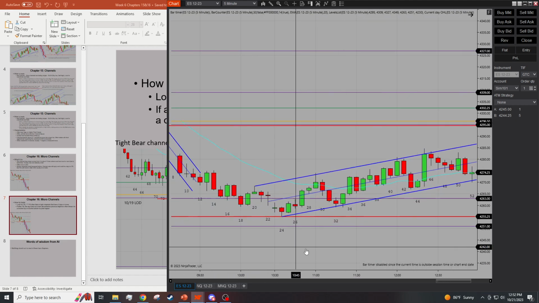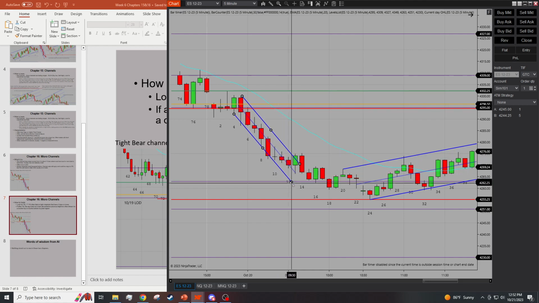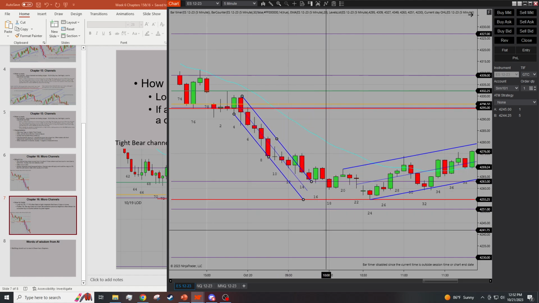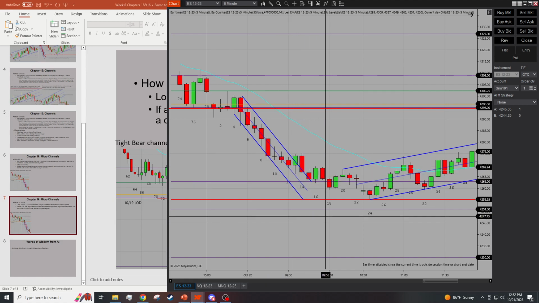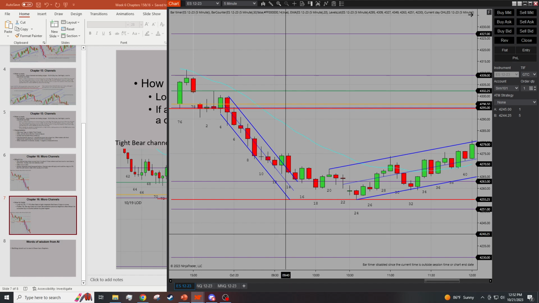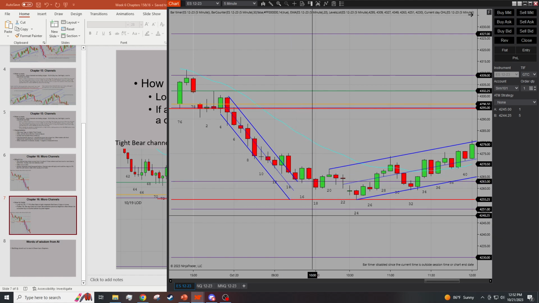If, for example, bar 14 doesn't close below, if we don't ever close below the bar 13 low, which was the low of this channel, so I can extend this out a bit further, which is the low of this leg, oftentimes you'll get a double bottom buy signal, or maybe a higher low or a lower low major trend reversal buy signal. That's why the close is important.